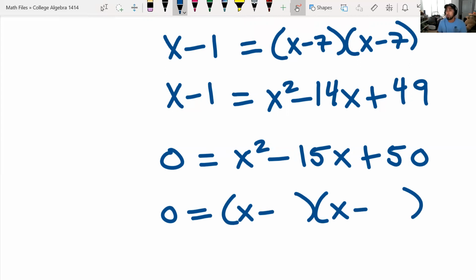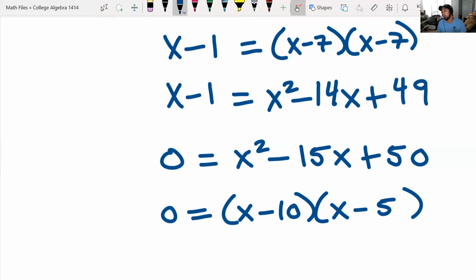And what are two numbers that, when multiplied, make 50, but when added make 15? And that's going to be 10 and 5 or 5 and 10.